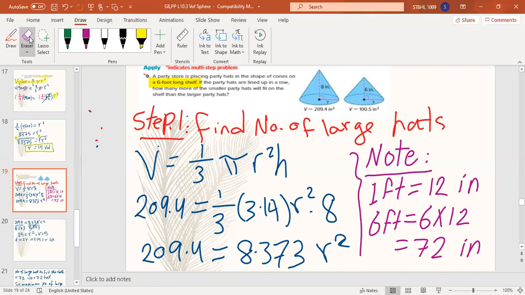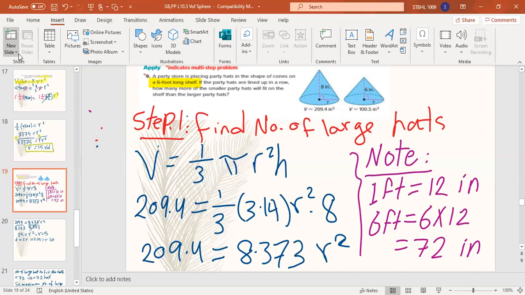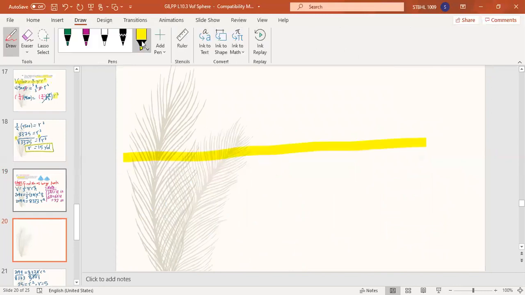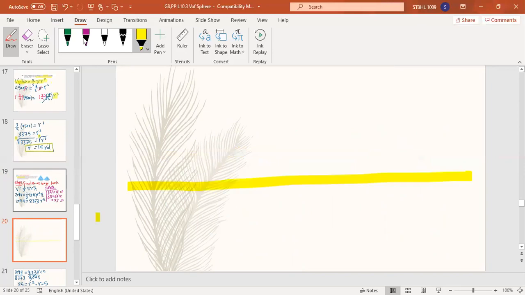Because the shelf here represents a horizontal line. The shelf is a horizontal line, isn't it? And here are the cones, or hats.